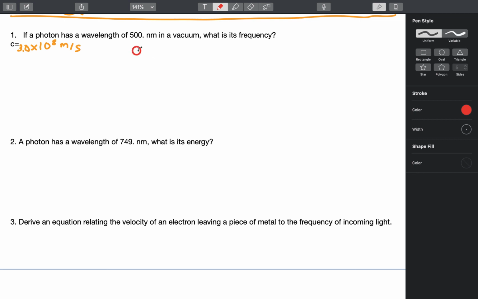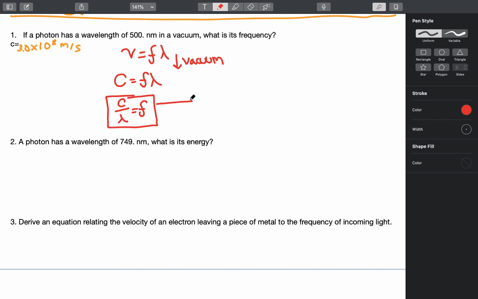We know that the propagation speed is equal to the frequency of the light times the wavelength. However, since we are in a vacuum, the speed of light is constant, and it's equal to c, which is equal to f times lambda. Now we just solve for f. c over lambda is equal to f.